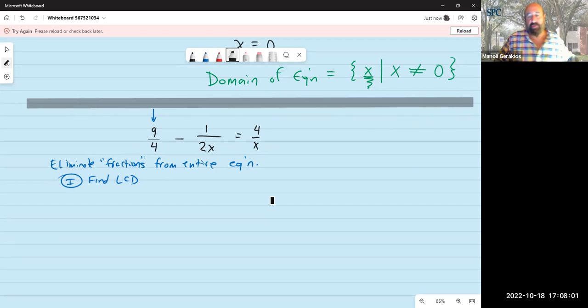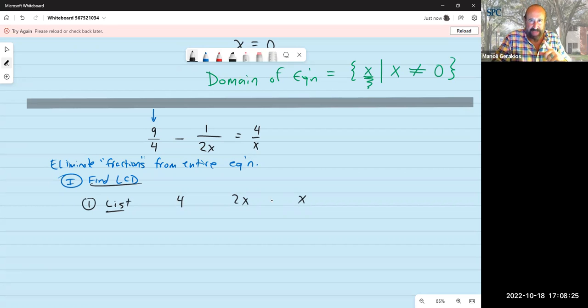Now we're eliminating fractions. First step in finding an LCD is we list all the denominators, only the denominators. 4, 2x, and an x. I can't leave the 4 out this time. When you're finding an LCD, every denominator has got to be included in the calculation.